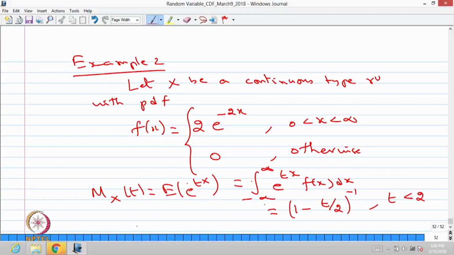Then only you can define the MGF, and that MGF is 1 divided by 1 minus t divided by 2. This is very important: the MGF does not exist for all t between minus infinity and infinity. For this random variable the MGF exists for t less than 2, and the MGF value is 1 divided by 1 minus t by 2.